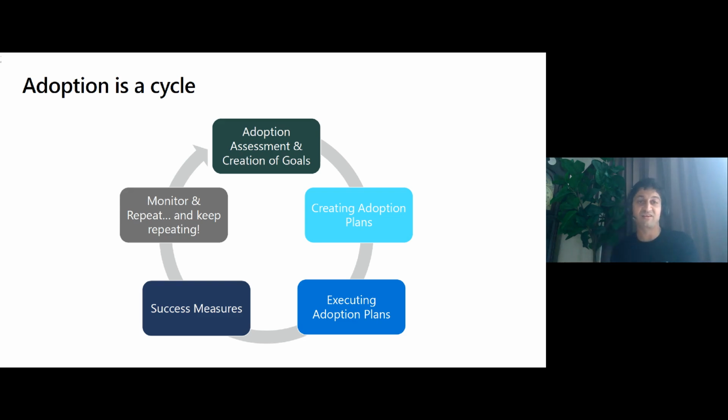It's a continuous rolling thing. So you monitor, repeat, and keep repeating. I think that is the most crucial thing here. So change management doesn't stop. Even if the project is over, even if the change management work stream has disbanded, you still need an ongoing change champion or change leader to really drive that ongoing change management activity.